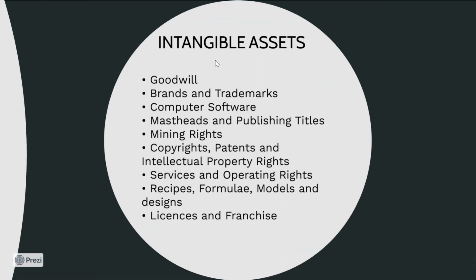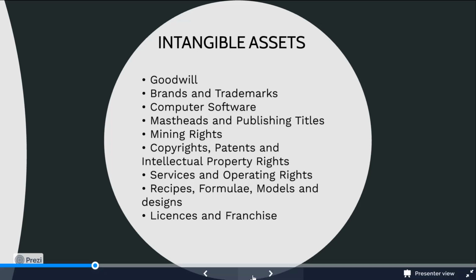Intangible assets include goodwill, brands and trademarks, computer software, mastheads and publishing titles, mining rights, copyrights, patents and intellectual property rights, services and operating rights, recipes, formulas, models and designs, and licenses and franchise.